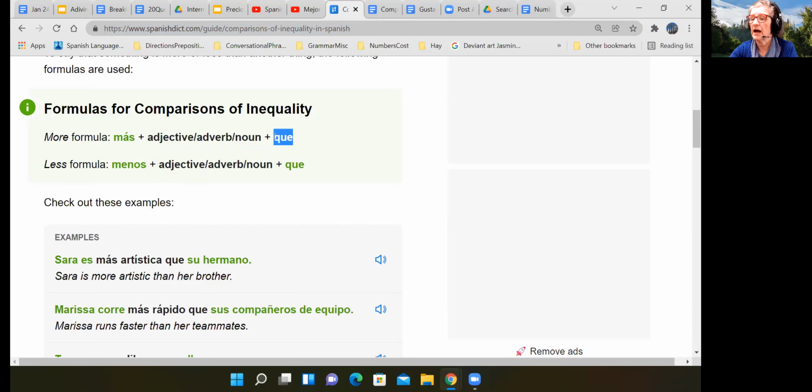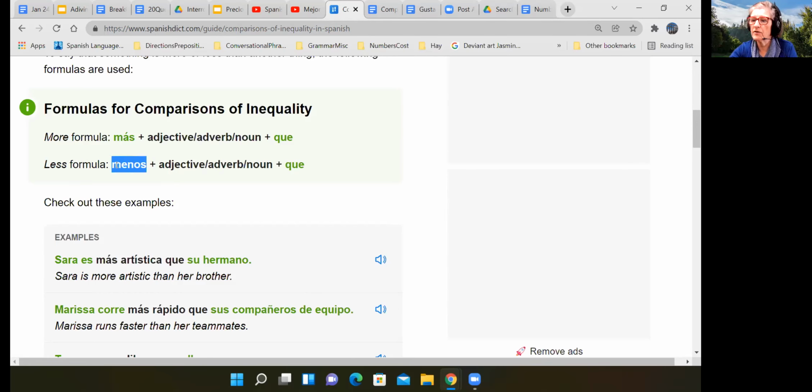And after it, a que. Más grande que. Más alto que. Más rápido que. Okay, or bigger, faster, slower. Bien, más.